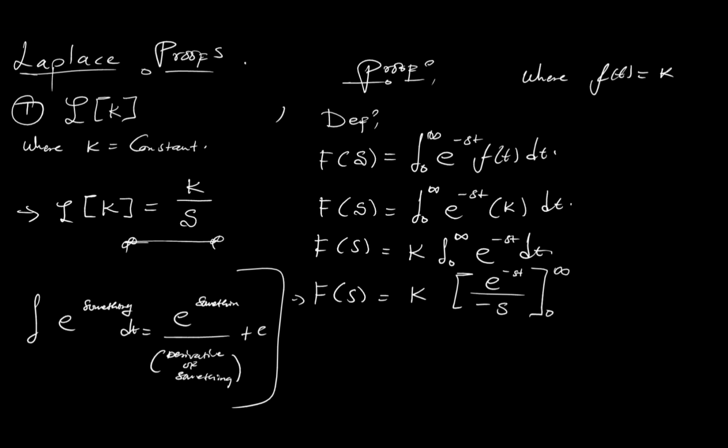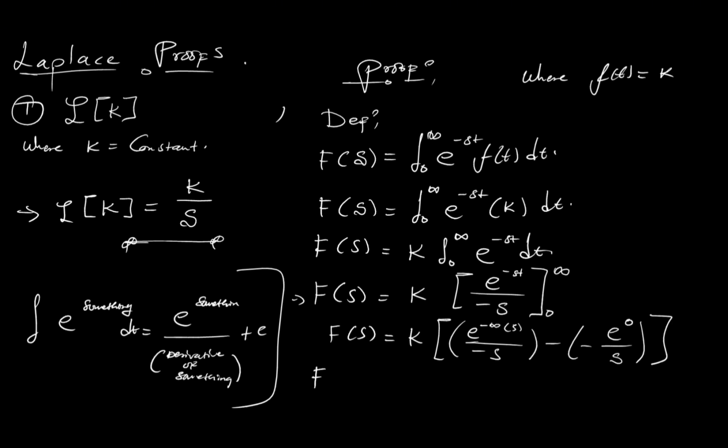By substituting this, we'll have f of s equal to k, then we substitute e to the minus infinity times s over minus s, then we'll have minus, with the minus makes the plus, but let me just write the minus for the sake of accuracy. So e to the 0 over s, because when s multiplies 0, we just end up having a 0 in the end.